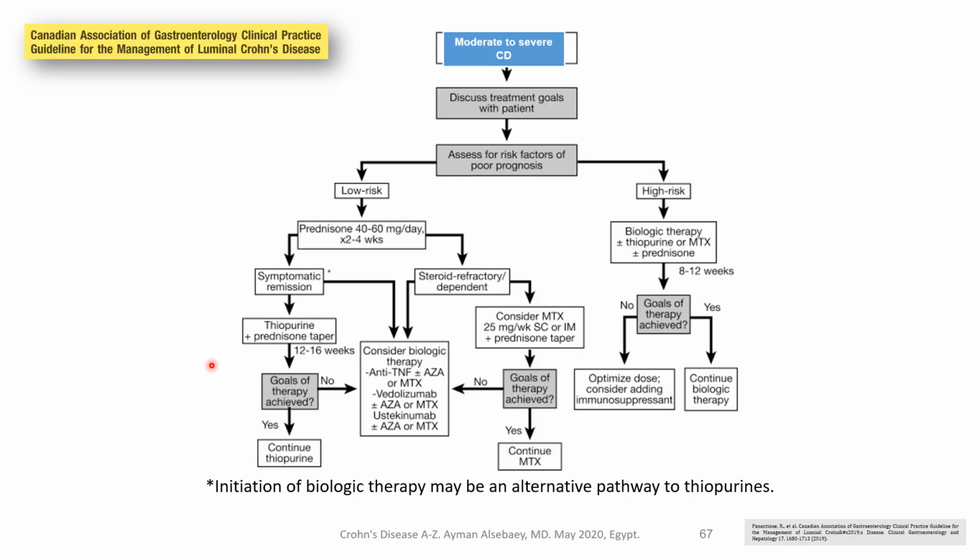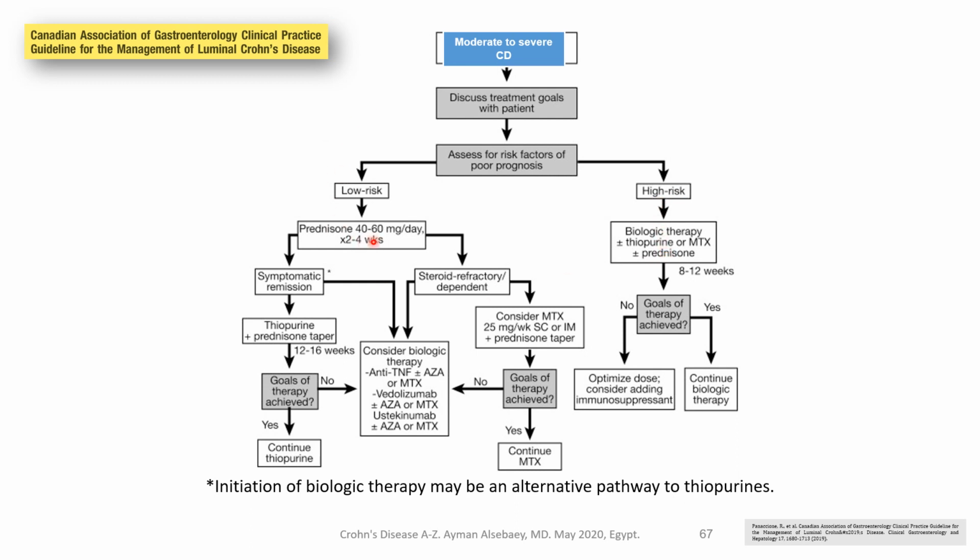This is a nice algorithm from the ECCO set, and really it is very useful. Assess the disease from the start. It is moderate to severe by the scores. Then assess the severity. If the patient is high risk from the start, you can use biological therapy plus thiopurine or methotrexate, or you can use, if they are not available, corticosteroids.